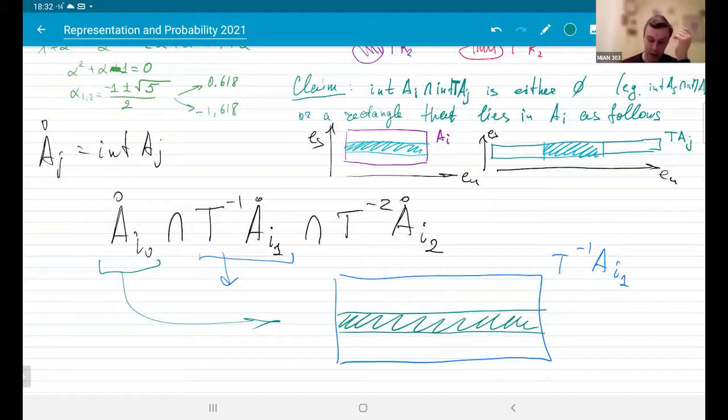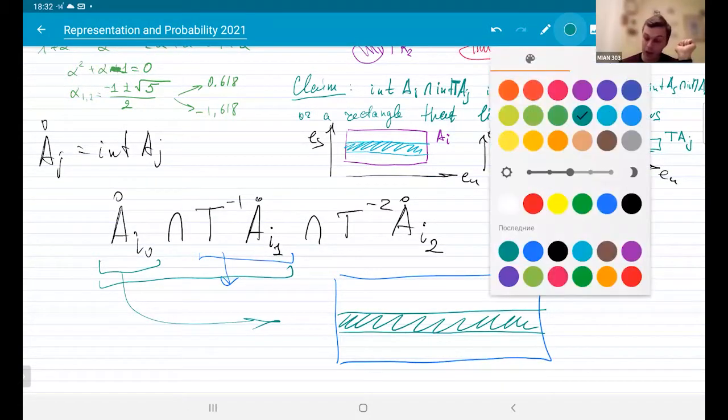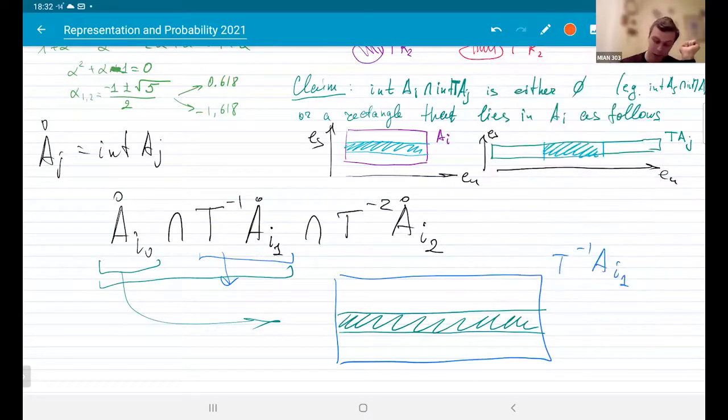So the intersection of these two rectangles looks like this. This is a stripe of this direction. On the other hand, if we consider this intersection, we can say that this is just a transformed intersection of the form AI2 intersected with TAI1.